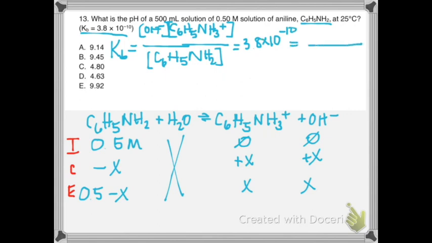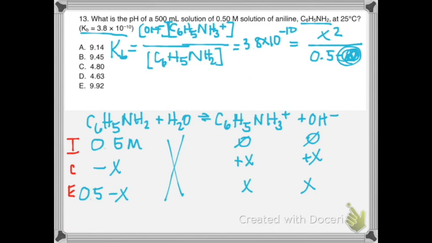And that's going to be equal then to x squared over 0.5 minus x. And we're going to ignore that minus x because we have a small enough Kb.